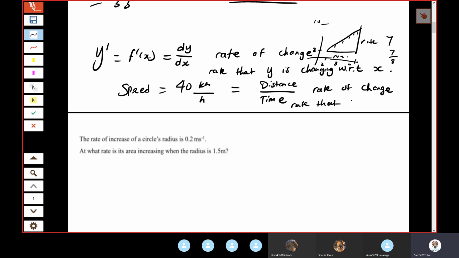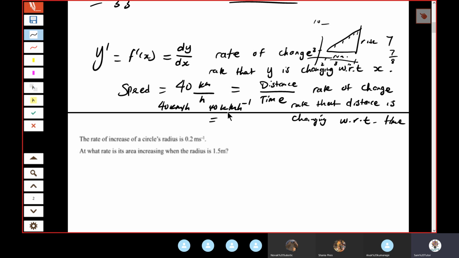The rate that distance is changing with respect to what? Time. Isn't speed just the change in distance with respect to time? So if you get 40 kilometers per hour or 40 kilometers hour, that's the same thing, that's just using index laws.